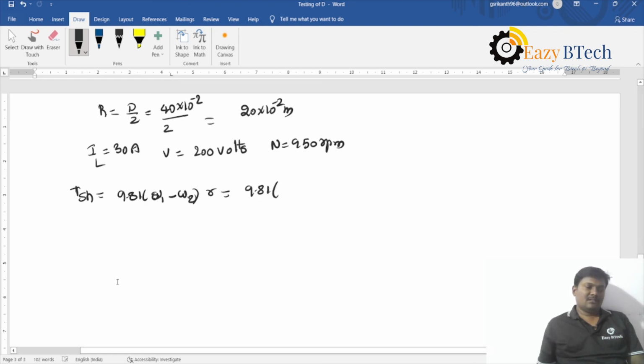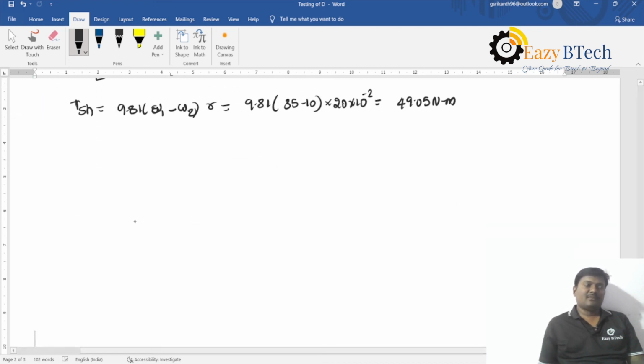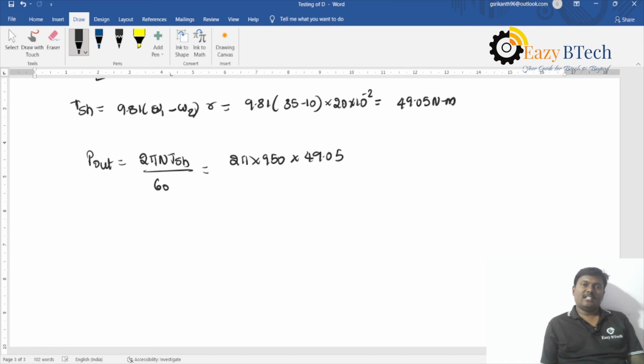So find out the shaft torque: 9.81 into (W1 minus W2) into R. 9.81 into, the W1 value is 35 kg, W2 value is 10 kg, and the radius is 20 into 10 to the power of minus 2. Then finally I got 49.05 Newton meter.